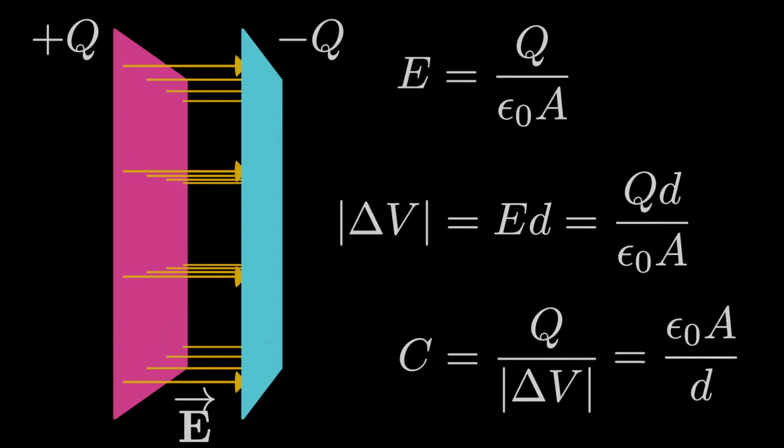Note that the only two parameters, A and D, are geometric parameters of the capacitor itself. So this is the true capacitance of the object, even if there were no charge and no potential difference on the capacitor. This is an expression worth memorizing, but in case you need to refresh your memory, now you know which video to pop back to.